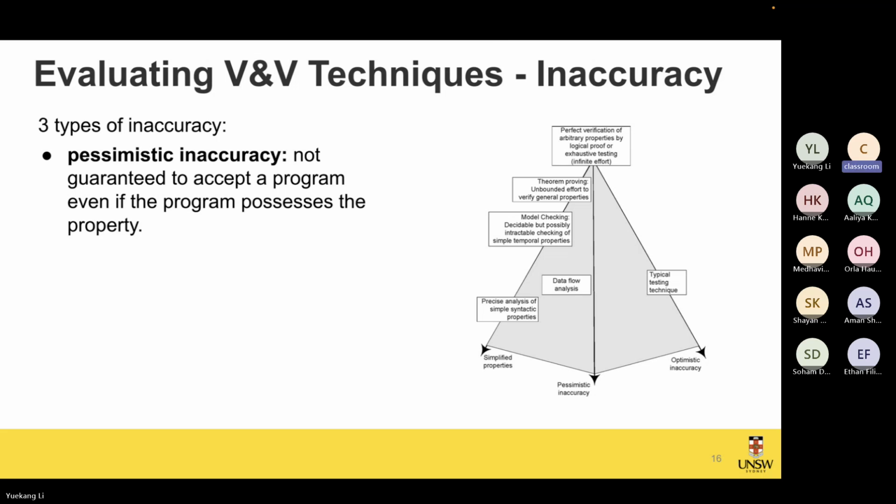What can you tell me, what does pessimistic inaccuracy lead to? Does it lead to false positives or false negatives when we find bugs? We mark anything suspicious as a bug. Is it false positive or false negative?